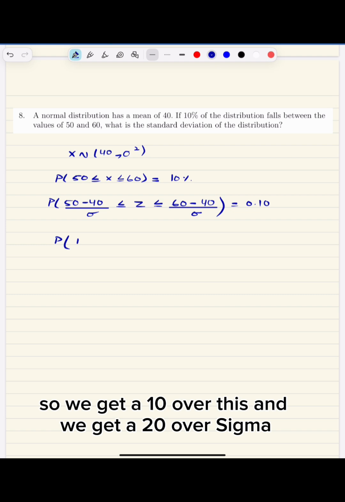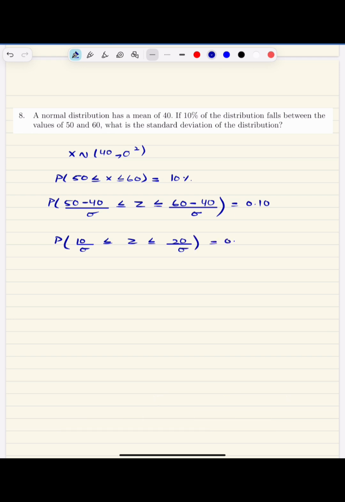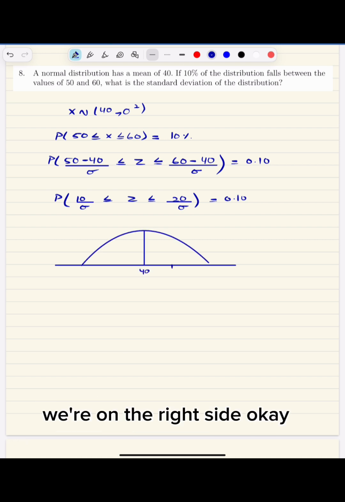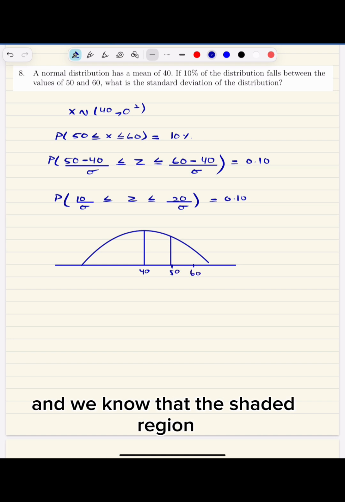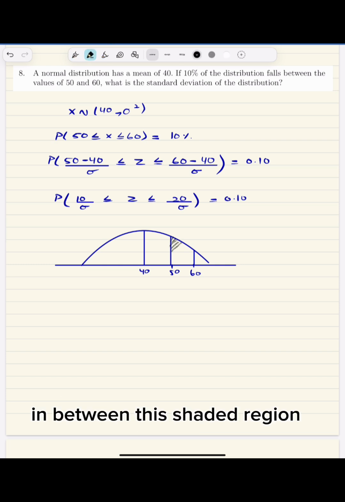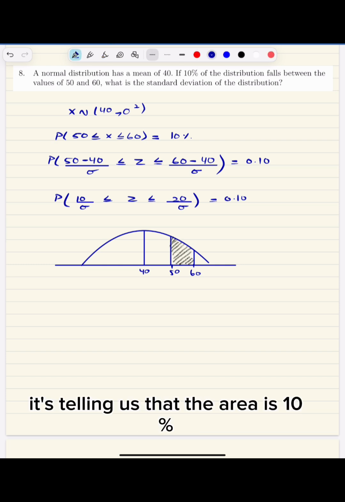So we get 10 over sigma and 20 over sigma. Since the mean is at 40, we're on the right side. That's one hint we have. And we know that this shaded region in between has an area of 10%.